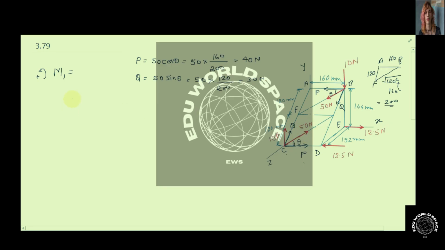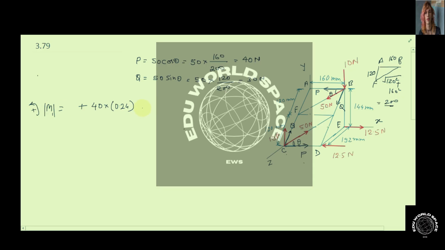So the moment because of the P component will be, and it is causing a counterclockwise couple, so this will be plus 40 multiplied by 0.24. So this will have the unit of Newton meter, and we are here calculating the magnitude of moment and considering the anti-clockwise direction to be positive.